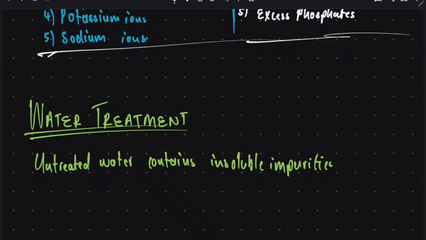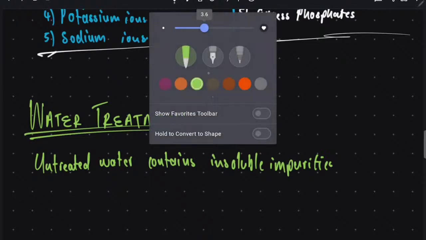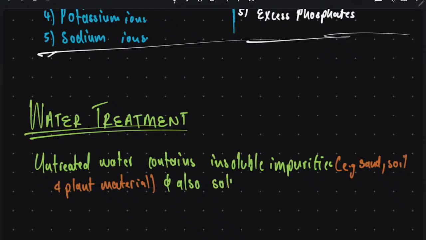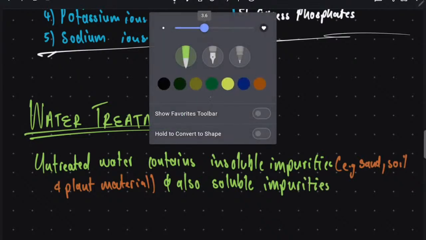Untreated water has insoluble impurities. Examples, e.g., sand, soil, and plant material. In brackets, you put it. And also, untreated water has soluble impurities.